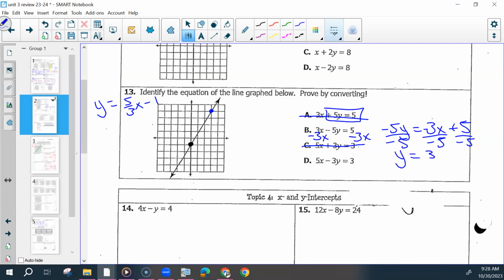This would be a positive 3/5 x minus 1. So we have the -1, but the slope is split, so it's not D and it would have to be B. You could solve that too, but it's not necessary since we eliminated everything else.